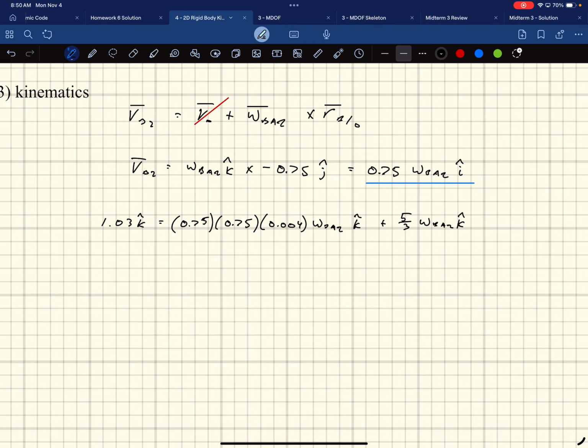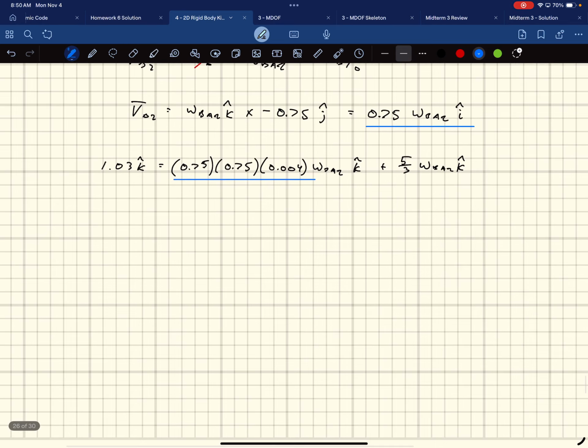So now you just solve for omega bar. But one thing I wanted to point out before we do that: look how small that number is going to be. 0.004 times 0.75 times 0.75. That is a very small number. This number is 0.0023. Really small.